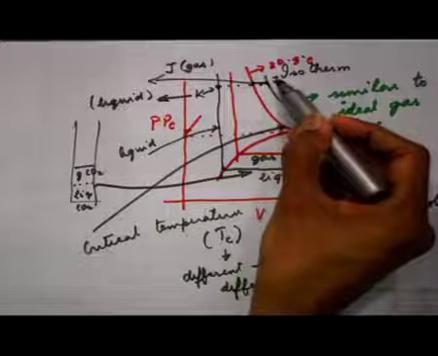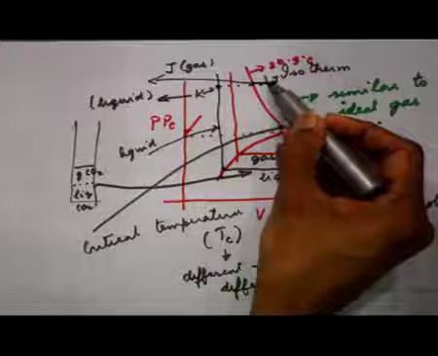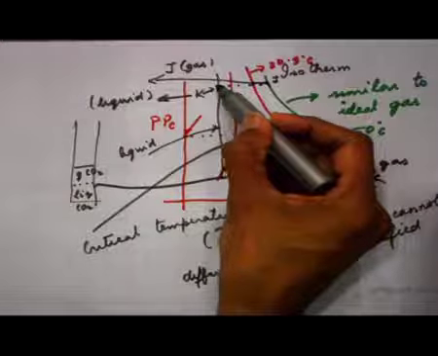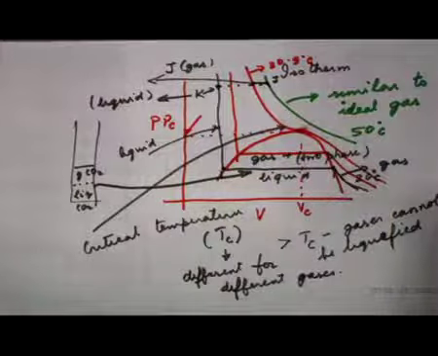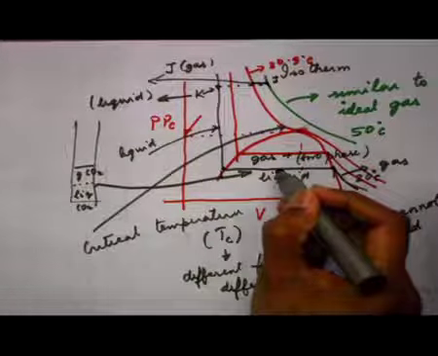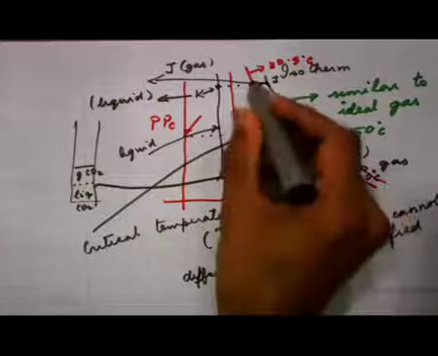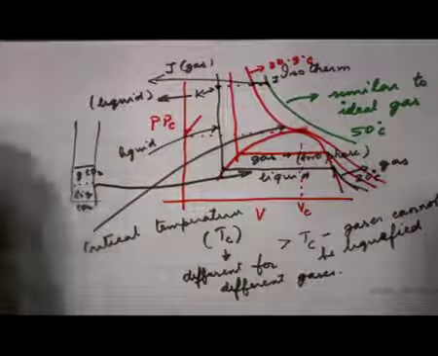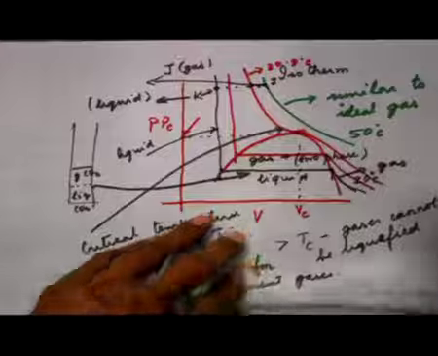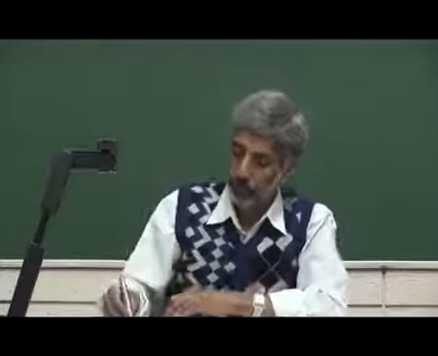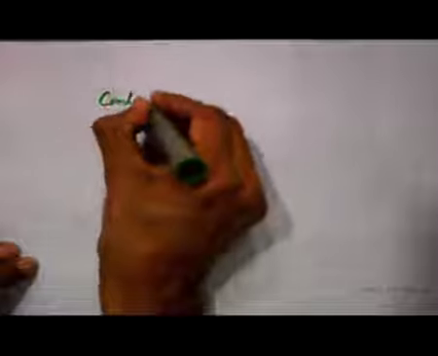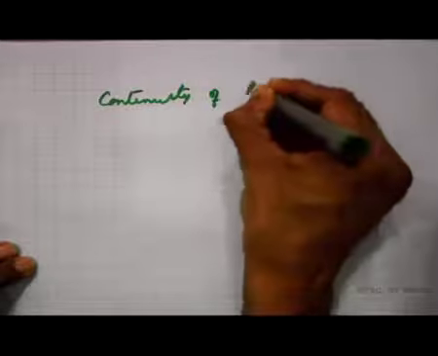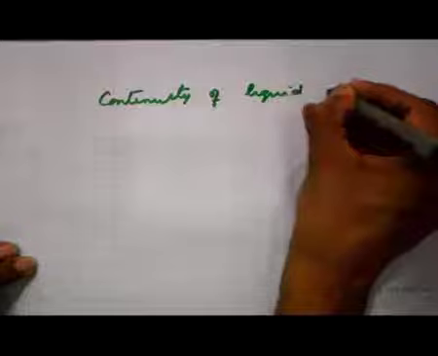You are able to go from the gas phase J to the liquid phase K without going through the two-phase gas-liquid equilibrium. So, there is a continuity, this is what was claimed. This is how Andrews calls it: there is a continuity of liquid and gaseous states.